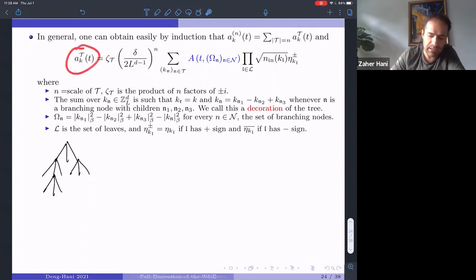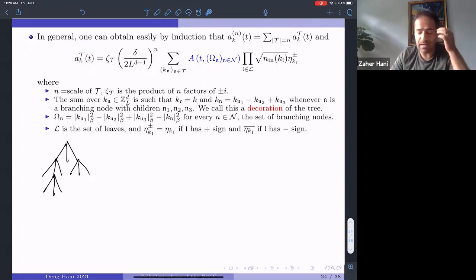And this expression, ak super t, is given as follows. So this is the constant that appeared in the equation. Of course, you raise it to the power n because you have done n iterates. And then you have a sum over, and again, before I get to that, zeta sub t is a product of factors of plus and minus i.